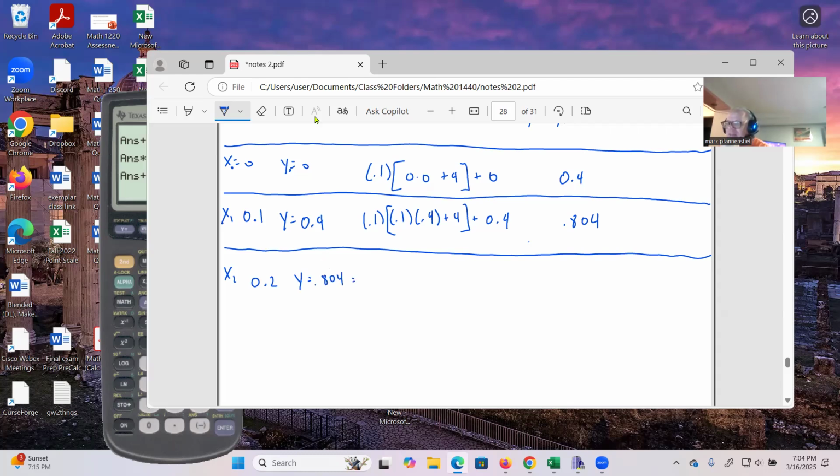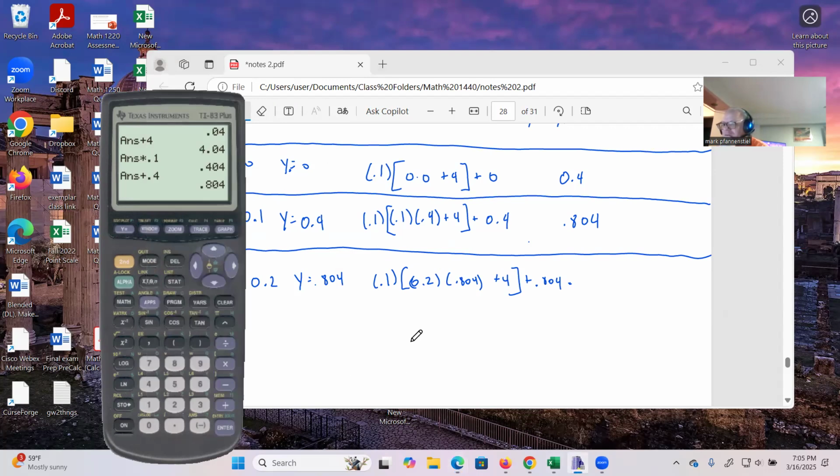So we're going to say my next point is going to be 0.1 times the bracket of x times y, so 0.2 times my current y, which is 0.804, plus 4. And then we're going to add it to our previous value, 0.804, in order to get our next value.